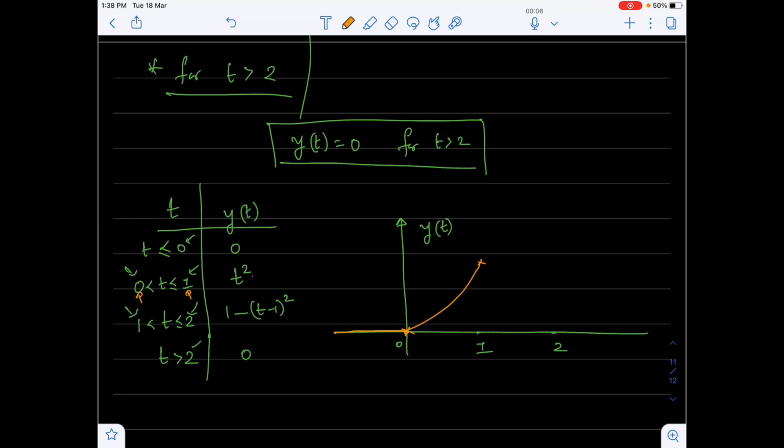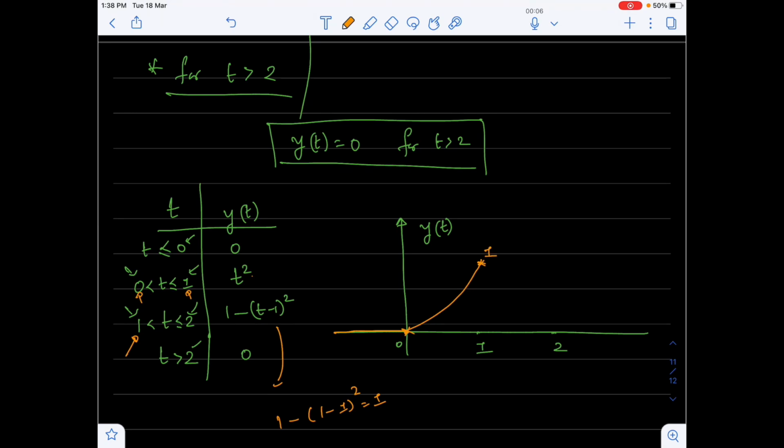Between 1 and 2 it is 1 minus (t minus 1) square, so it is also a curved graph, but it will be a decreasing graph. Putting t equal to 1, it becomes 1 minus 0 square, and the answer is 1 again.